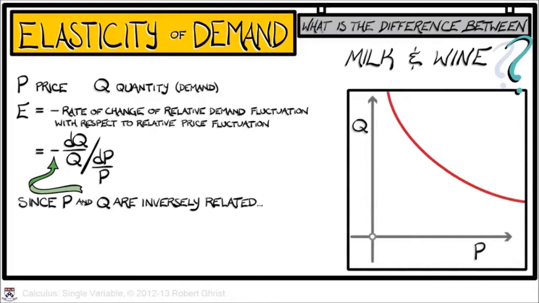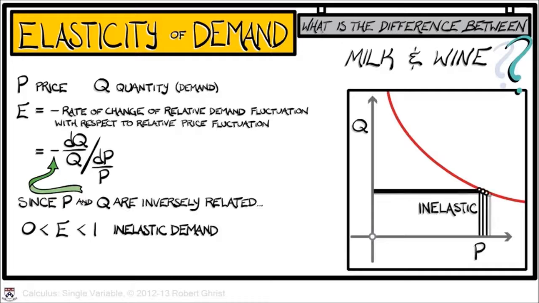When we do so, what do we see? Well, the higher the price is, the less you want something. The lower the price, the more you want. But it depends on elasticity. If E is between 0 and 1, we say that demand is inelastic. Changes in price don't change the quantity demanded so much, like milk.